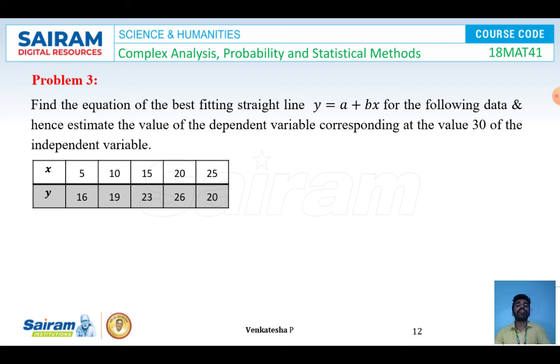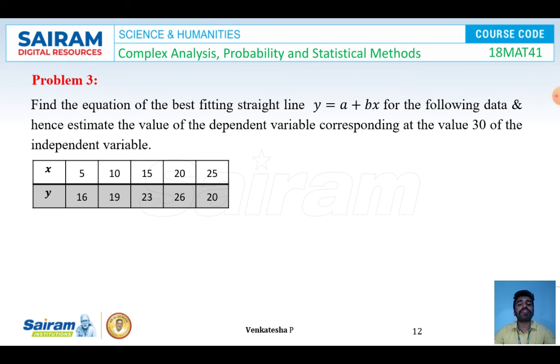Since I am finding the value of y when x is given, x will be the independent variable and y will be the dependent variable. So in this problem, we are supposed to estimate y when x is 30. The data is given like x is equal to 5, 10, 15, 20, 25 and y is 16, 19, 23, 26, 20.